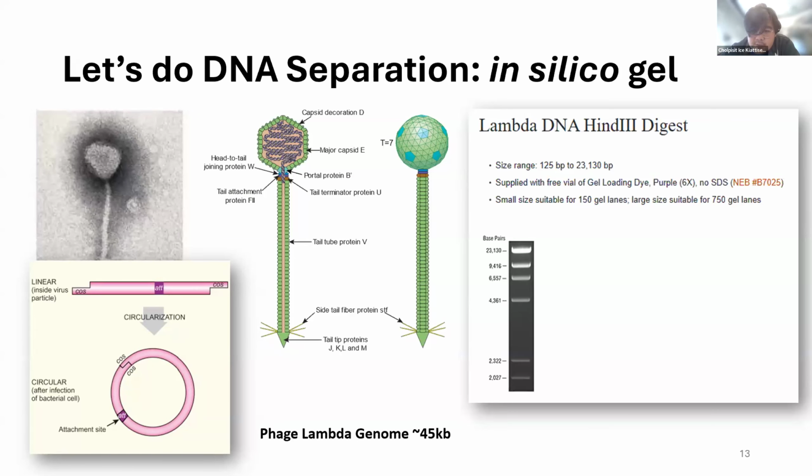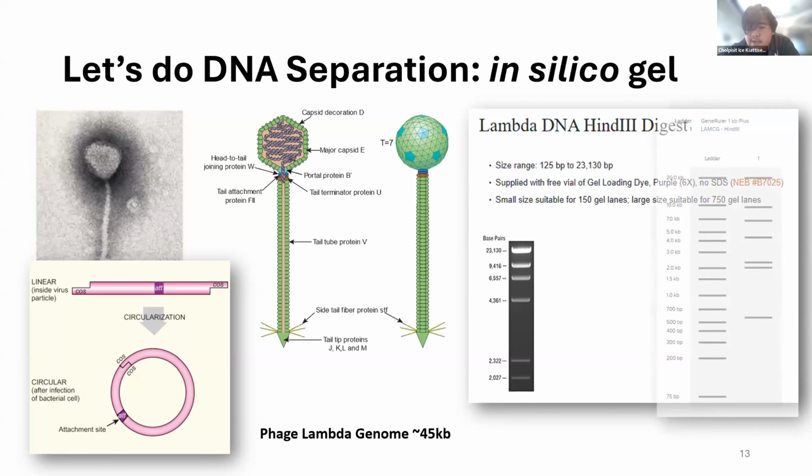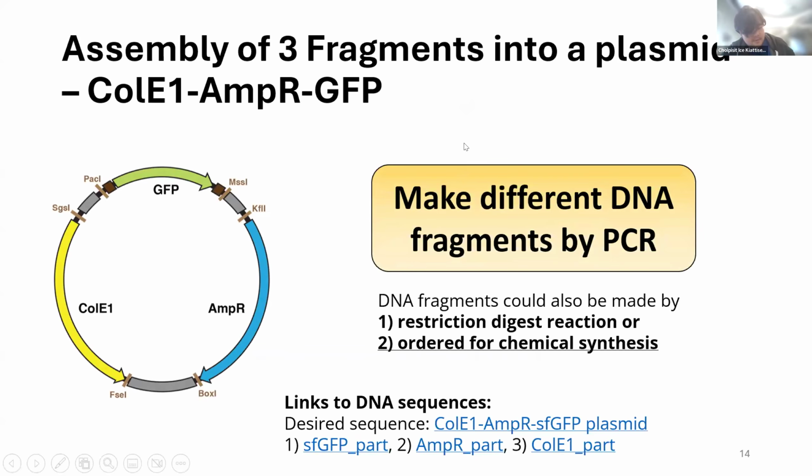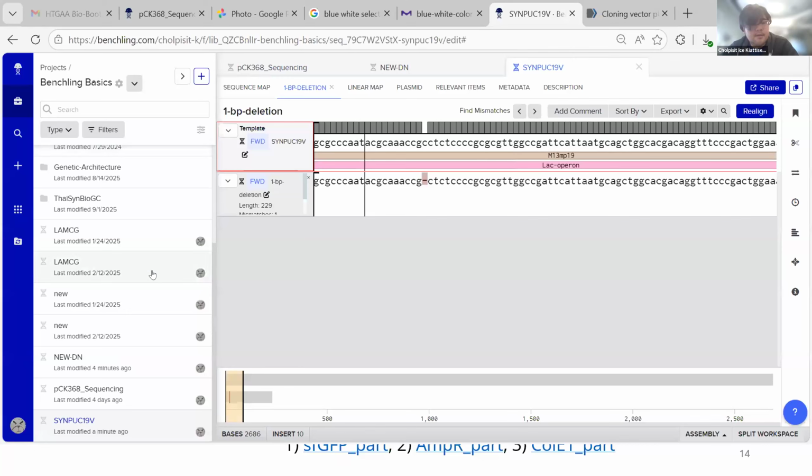If you take the whole DNA out and use some enzyme to cut at different spots of the genome, you can make this kind of pattern. I can show you how to do this exactly, but I would encourage everyone to get into Benchling and try to make this kind of digestion ladder as well. So let's go back to Benchling real quick.